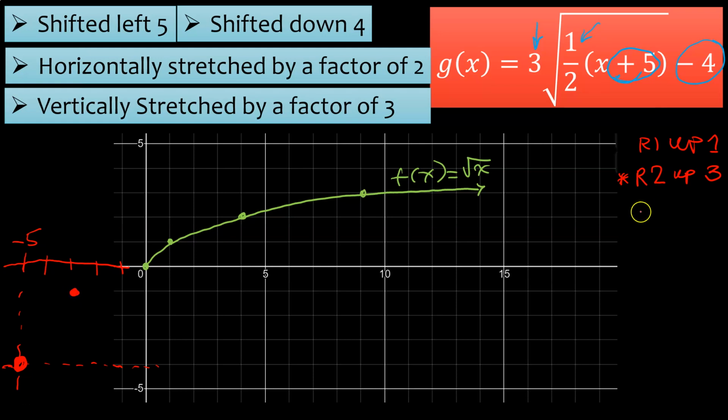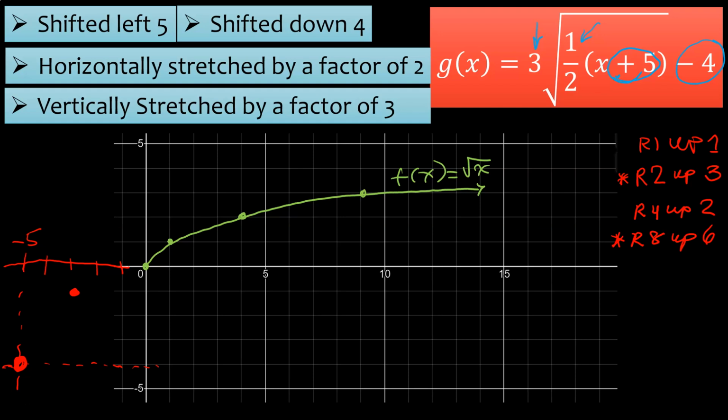Okay, and normal is to go right 4, up 2, because square root of 4 is 2. Now I am going to go right 8, meaning twice as much because we are horizontally stretching it, up 6 because I am vertically stretching it.